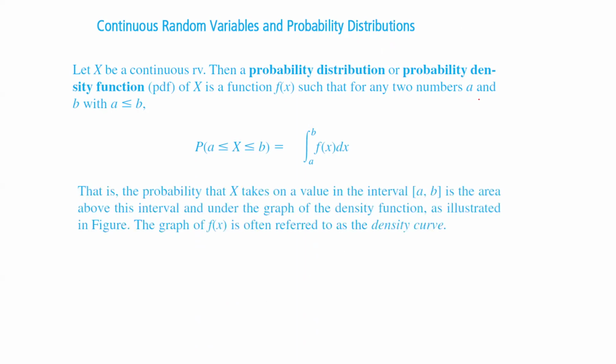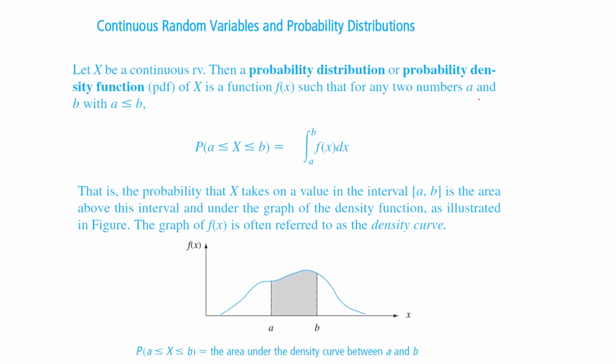So the probability that X takes a value in the interval A to B is the area above the interval and under the graph of the density function. And we can visualize it right here. The graph of f of X is usually referred to as the density curve.